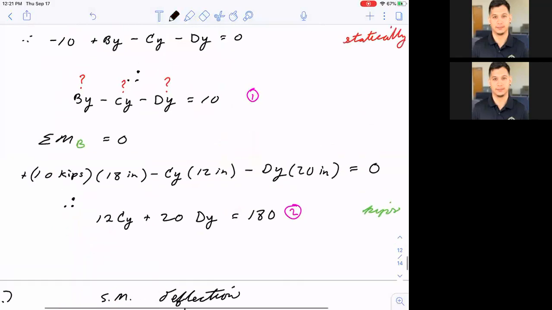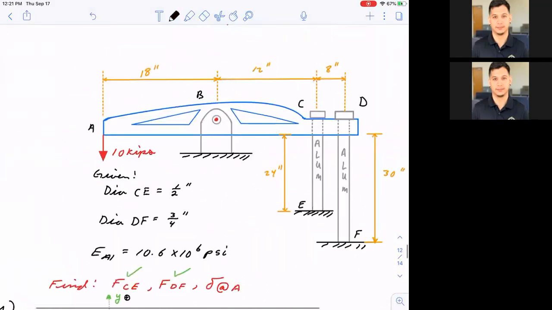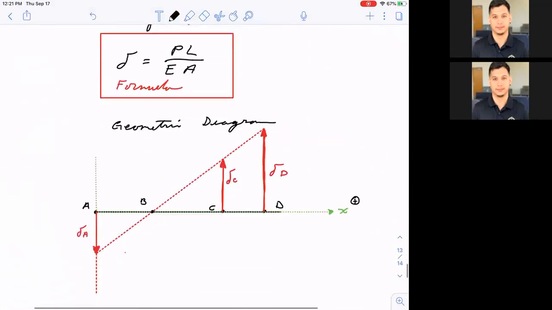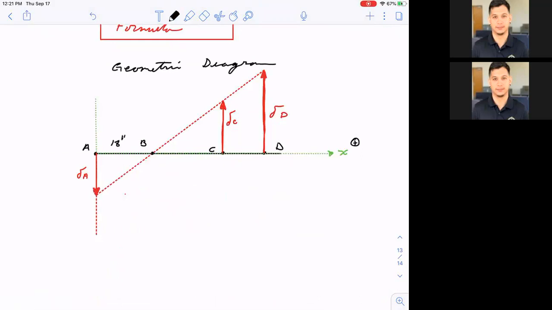Actually, let me write the dimensions right here. That's going to be important. 18, 12, 8. So this is 18, 12, and 8.